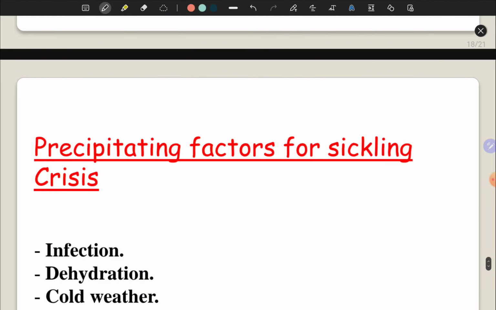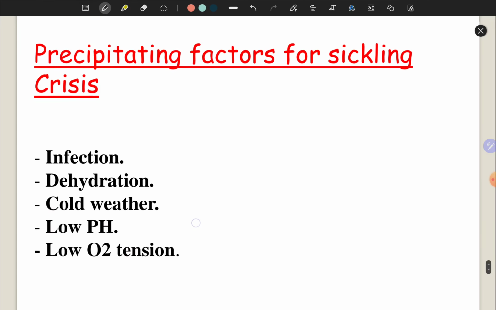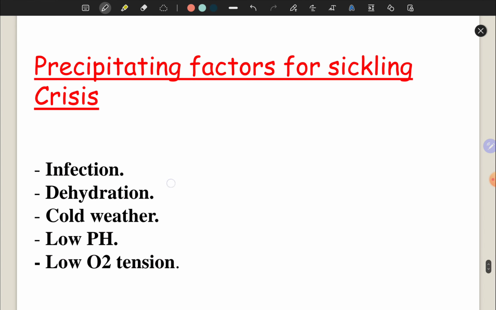To avoid these sickling attacks, and it really works. They are infection, dehydration, cold weather, low pH, and low oxygen tension. So these factors precipitate sickling.